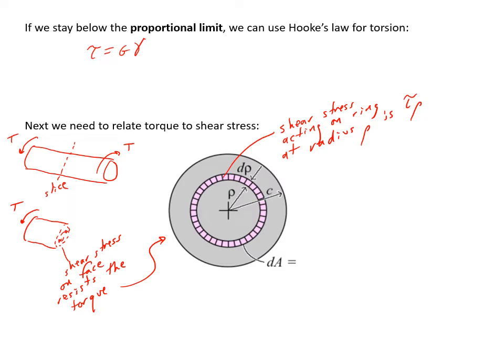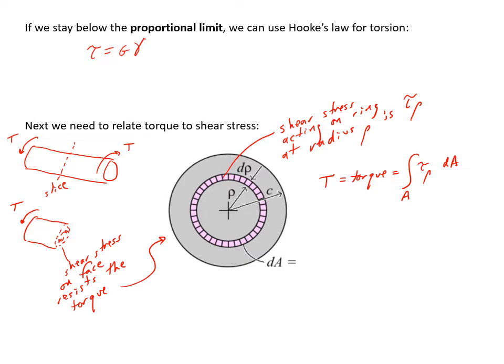And what we're going to do then is sum that all up so that we can estimate what the torque is. So the total torque is going to be the sum over that whole area, I should say the integral over that whole area of tau rho times dA.